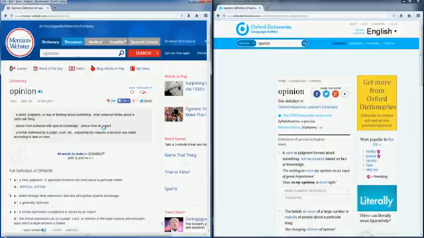Now let's see what the Oxford Dictionary has to say about the word opinion. It says, a view or judgment formed about something, not necessarily based on fact or knowledge. So we've now agreed and proven that an opinion is not a fact. So if I say there are no instructions on the screen and there's no printed instructions, that is an indisputable fact.